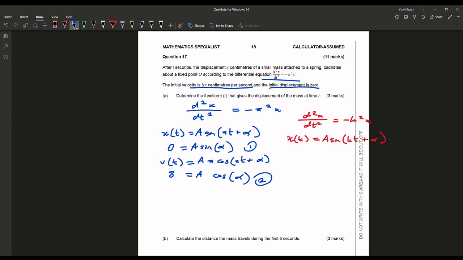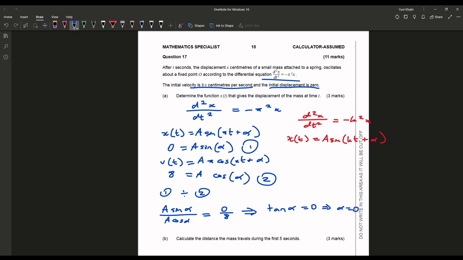And we need to solve for A and alpha. Now, what you can do here is you could do simultaneous equations on your ClassPad, but you need to put a domain and stuff. What I'll do is do it manually. So we'll divide the simultaneous equations. So we have A sine alpha over A cosine alpha equals 0 over 8. Now these A's just cancel, and we get tan alpha equals 0, which means alpha equals 0.